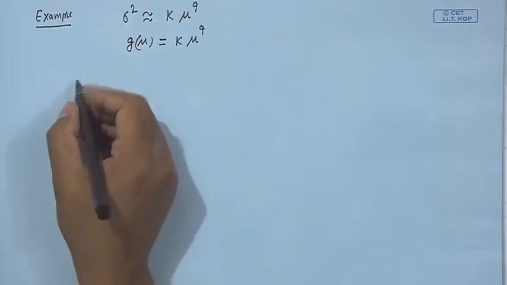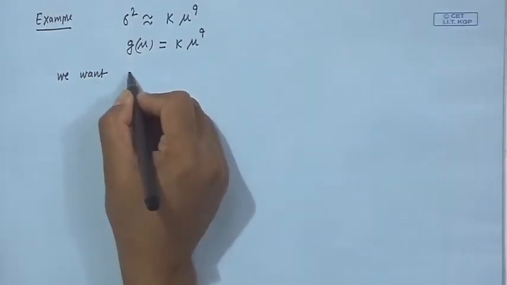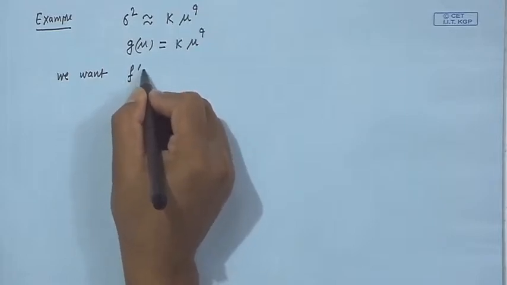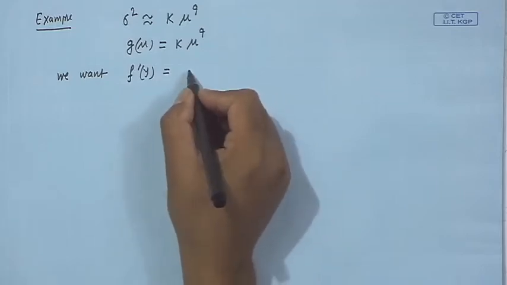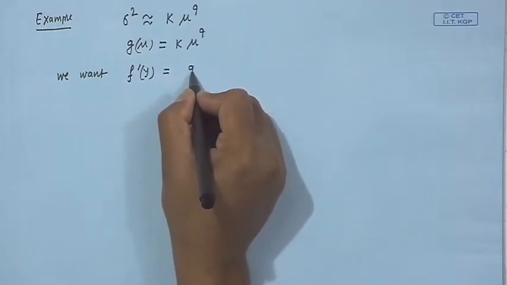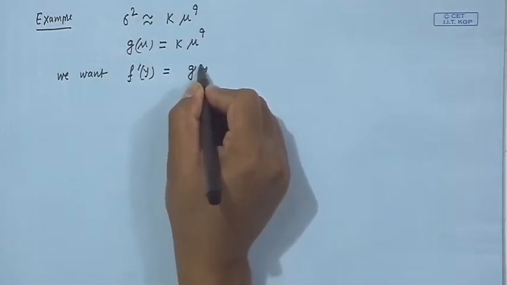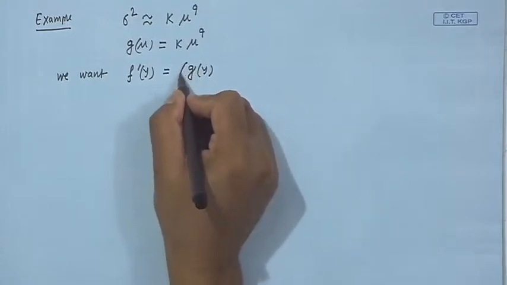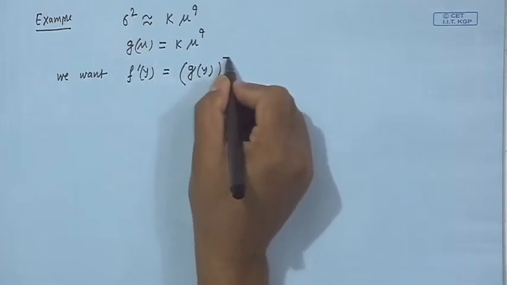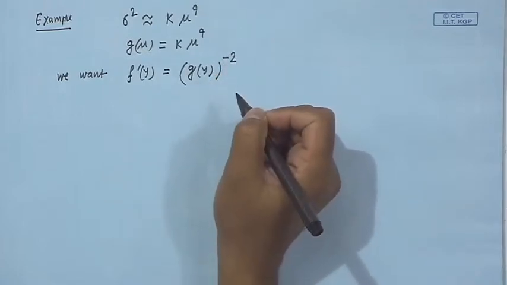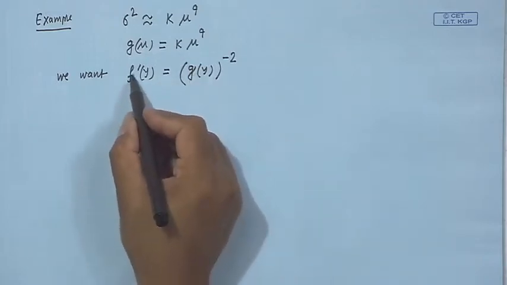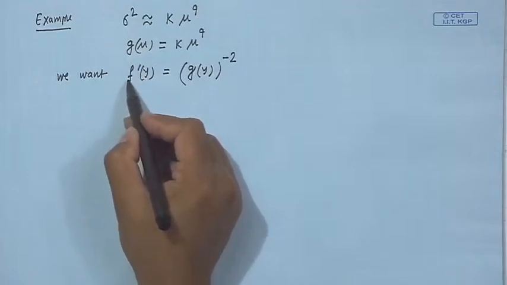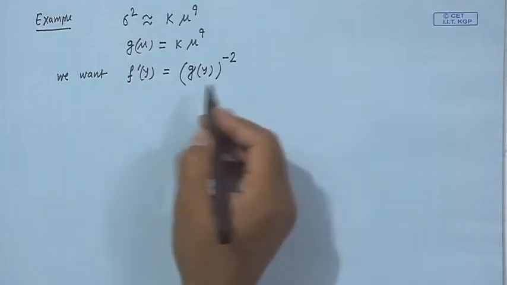And what we want is f prime(y) equal to g(y) to the power of minus half. So, we are looking for a function f or transformation on y, such that this is true.